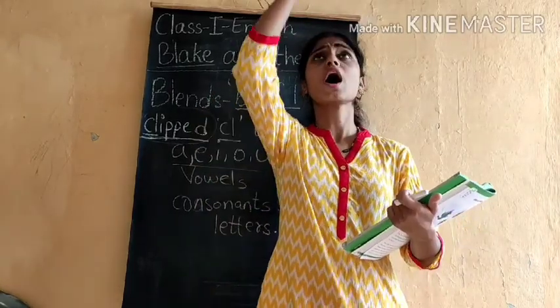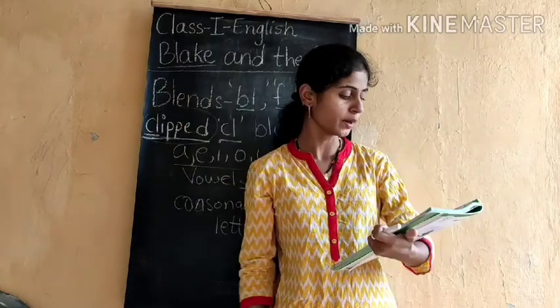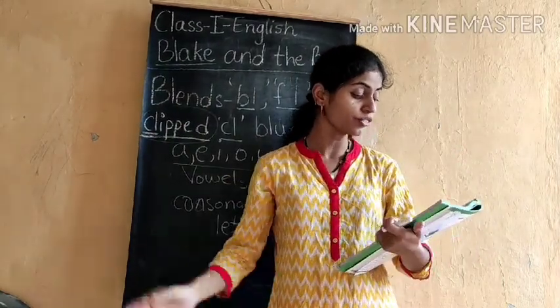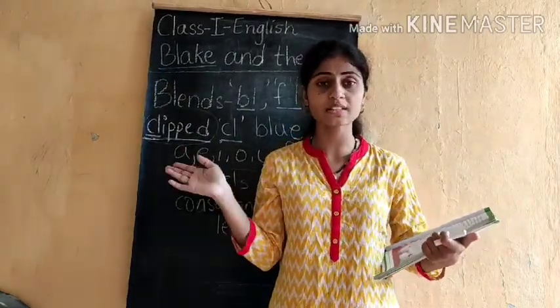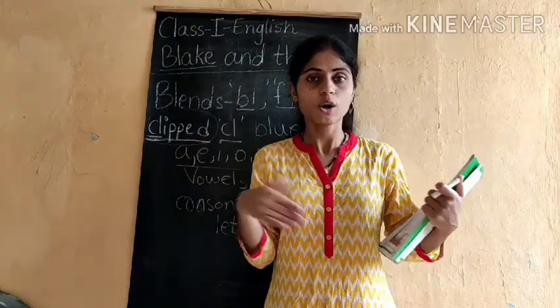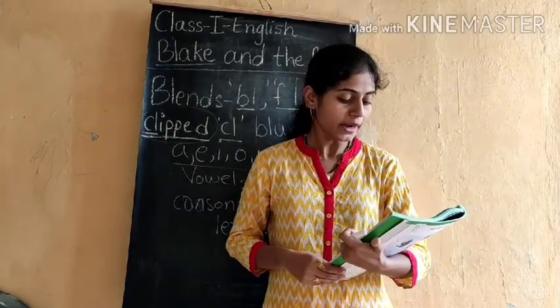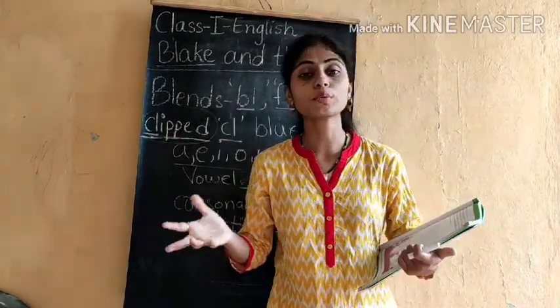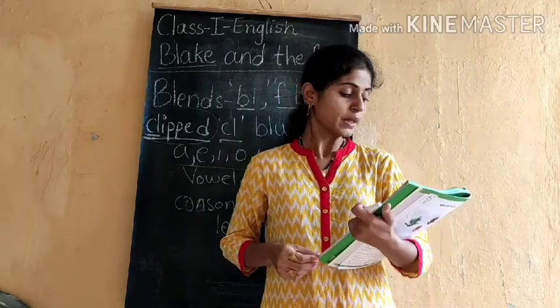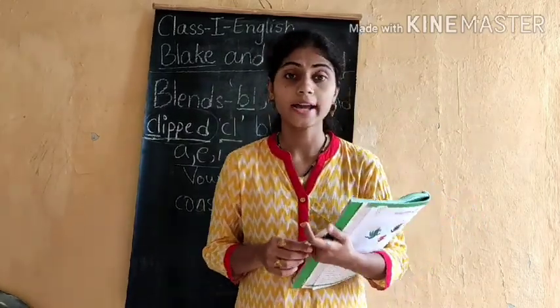Up, up, up, again up and away. Okay, and then he could flap his wings. Flap means, if you have seen birds, they flap their wings like this, up down up down, like this, and could fly around the globe. Globe means world. Blake and Clive remain friends forever.